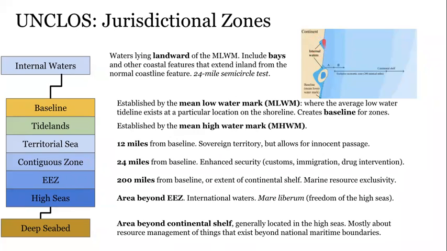If the size is bigger than the mouth, then there's a problem. But for the most part, these inner areas are also considered internal waters. So the mean low water mark doesn't extend inside here, it stays here, and all of the other zones are identified here. But these little features, these internal waters, are just internal waters of that coastal nation. So those are the general jurisdictional zones under UNCLOS.